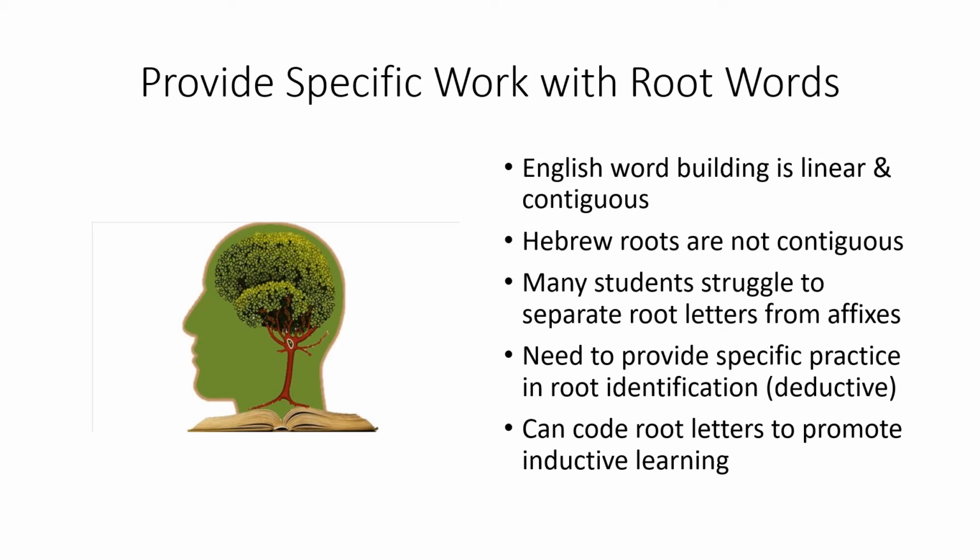There are any number of occasions where the vowels inside the root will change because the form requires that. And there may even be infixes, which are letters that are inserted between the letters of the root, and that changes that, creates a new pattern. So for example, we have the word Baruch.